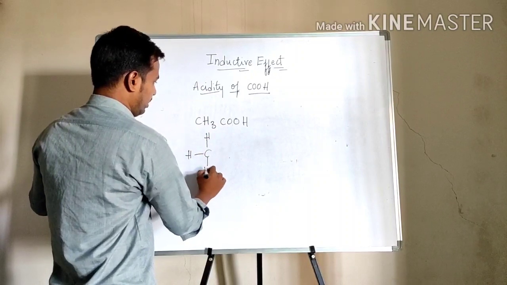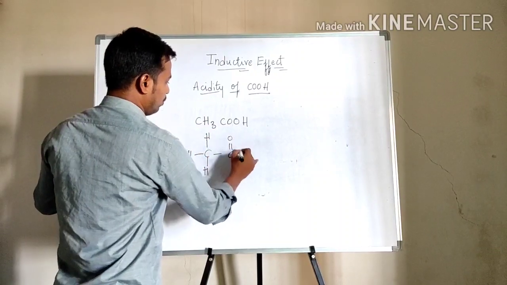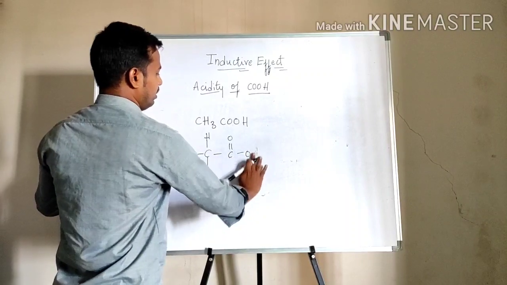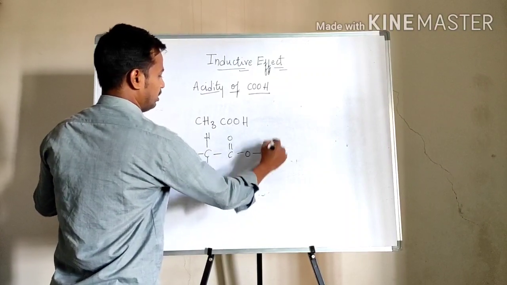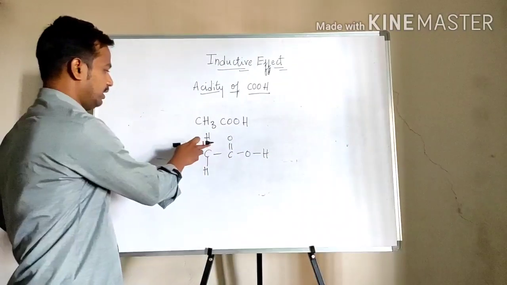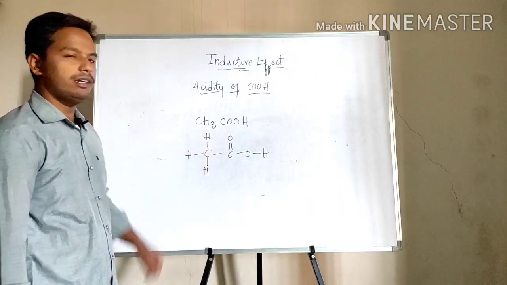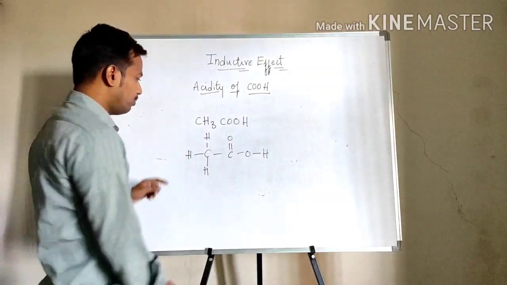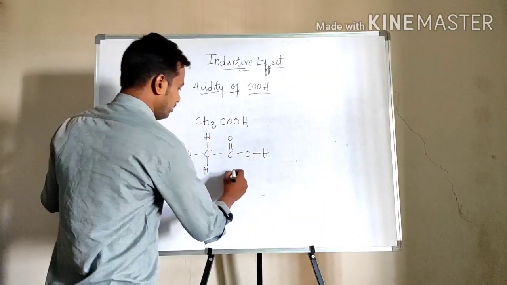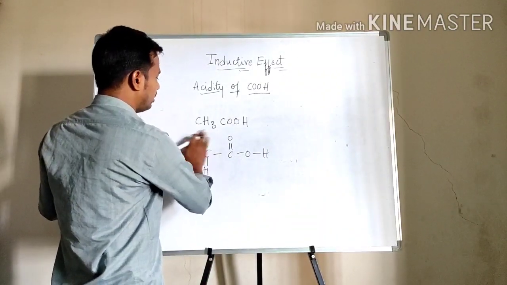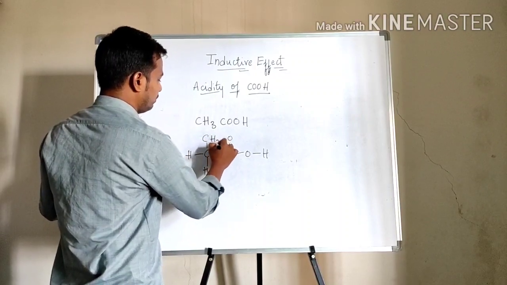CH3, COOH. This is the actual structure. CH3COOH. So I am replacing one hydrogen atom with one alkyl group. What will happen? Let's see. One hydrogen atom I will remove and replace with methyl group.